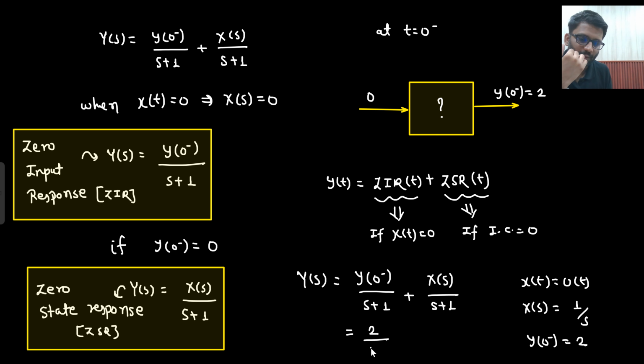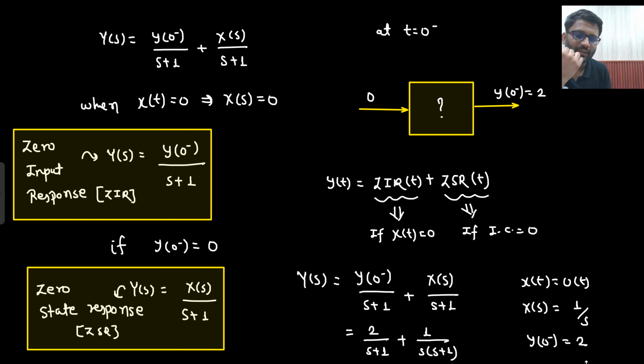So you are getting 2 upon s plus 1, plus 1 upon s into s plus 1. Opening it, Y of s is 2 upon s plus 1, plus 1 upon s, minus 1 upon s plus 1. Now you need to write down y of t.